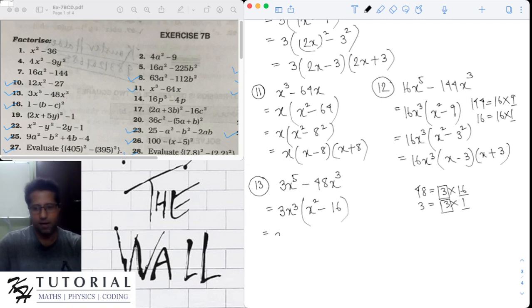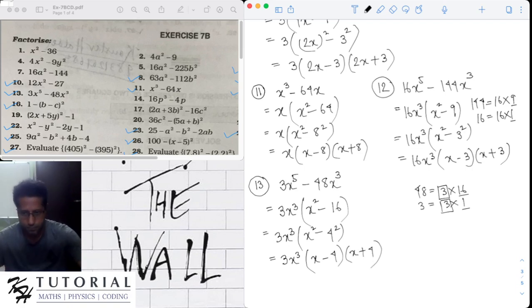So we have 3x cube, and 16 is 4 square. Now I will factorize x square minus 4 square by applying a square minus b square, and I get x minus 4 multiplied by x plus 4. Okay.